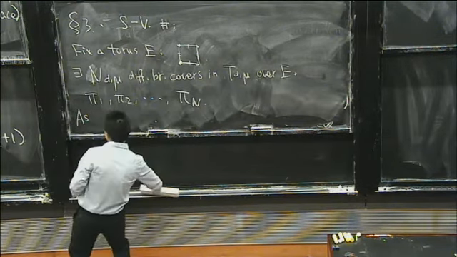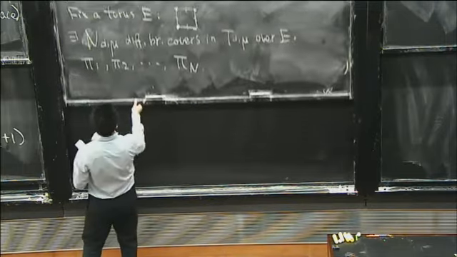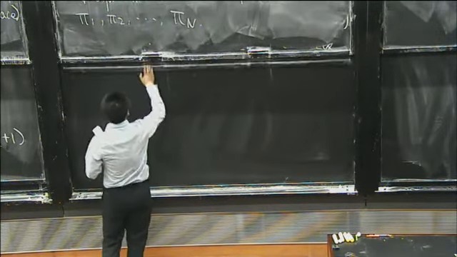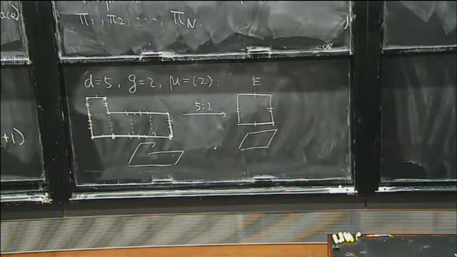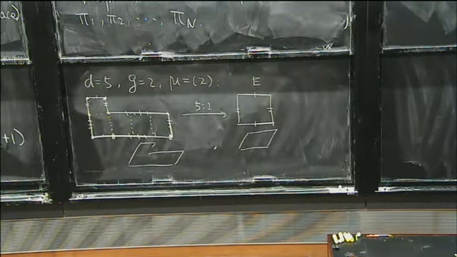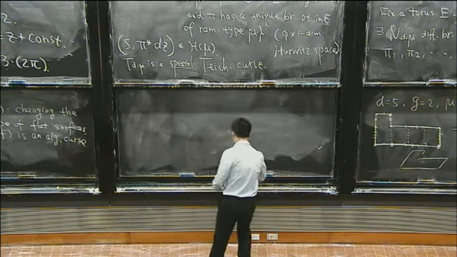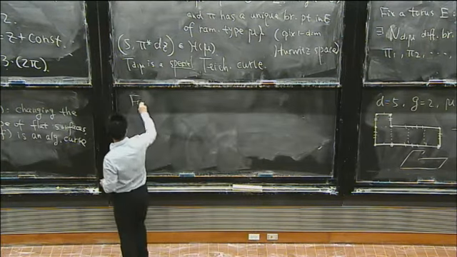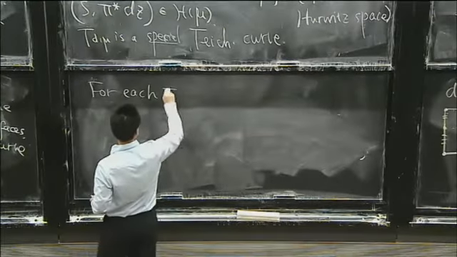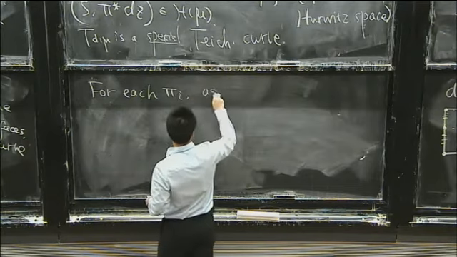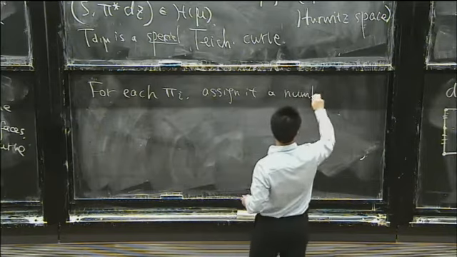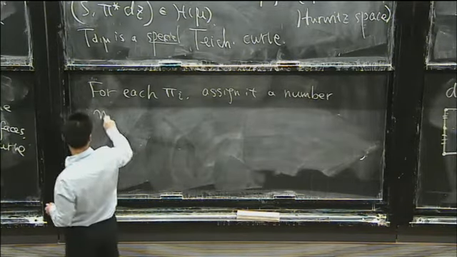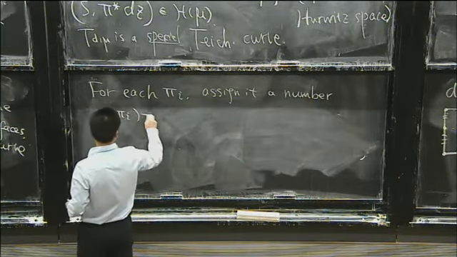Let me use another board. For each pi i, I want to assign a number, call it W of pi i, given by the following.